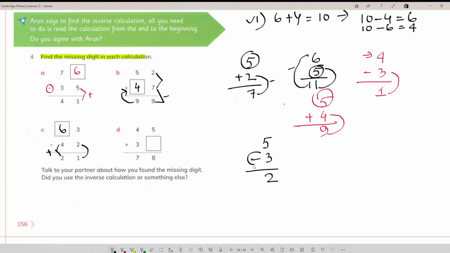It means this is minus, so 2 plus 3 is 5. Similarly, here is plus. So 5, we need 3, then it will become 8. It means 5 plus 3 is 8 and 4 plus 3 is 7.